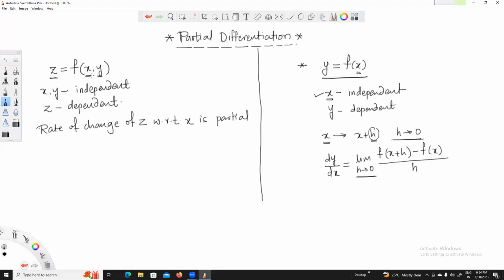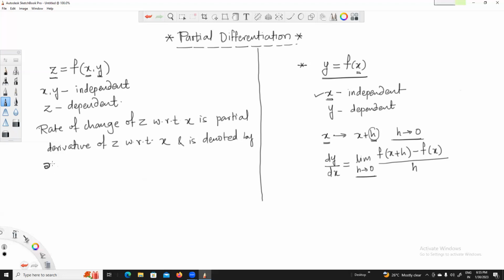Here we have two, so I can define the rate of change of z either with respect to x or with respect to y. If I find the rate with respect to x, then I'm going to call this the partial derivative of z with respect to x, and it is denoted by this. I'm going to write this as this.